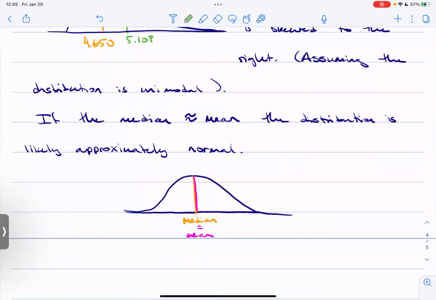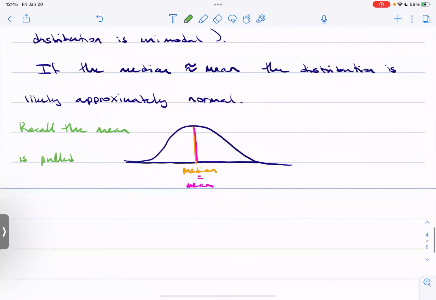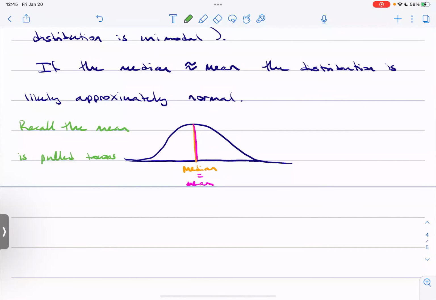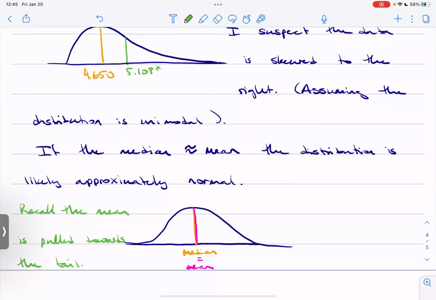Recall, the mean is pulled towards the tail. I'll do a little asterisk there. Sorry, that got weird. Too many thoughts. Okay.